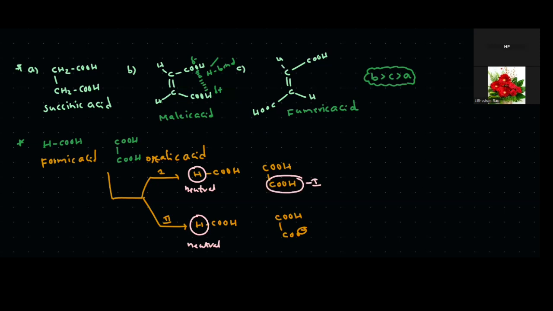But in the second case, the COO minus group acts as a plus I group. Then in these given conditions, which one is more acidic? How do we identify the acidic character? Now I am considering the Ka value.